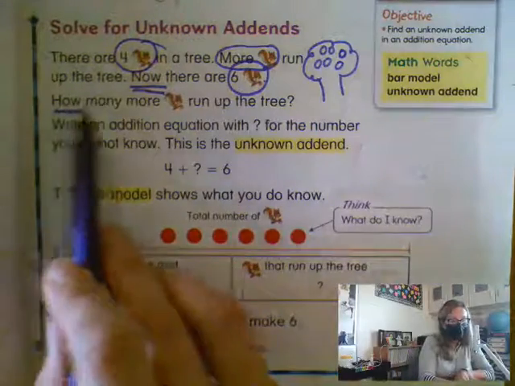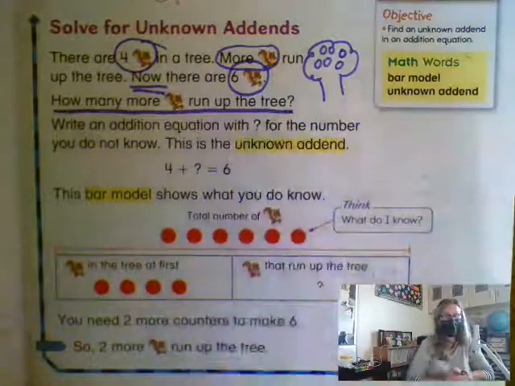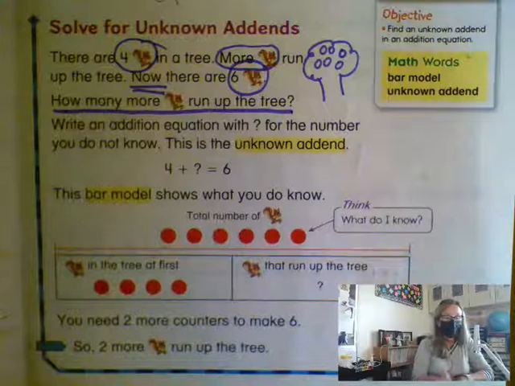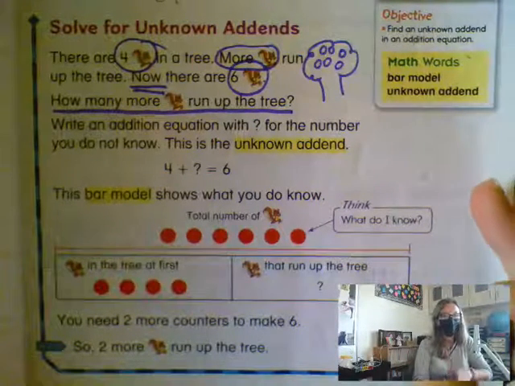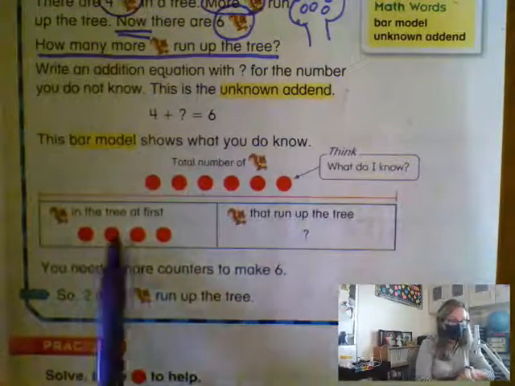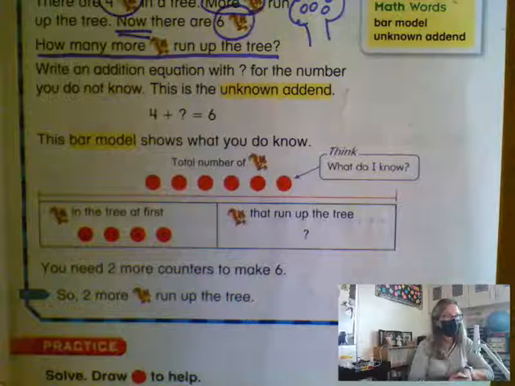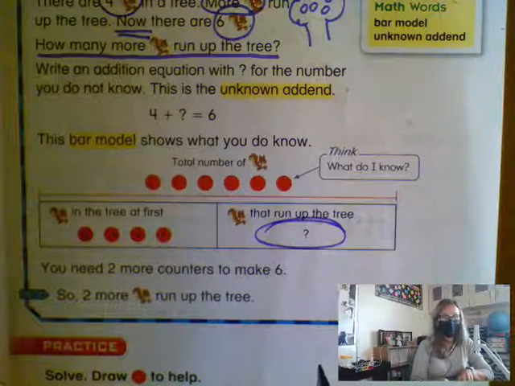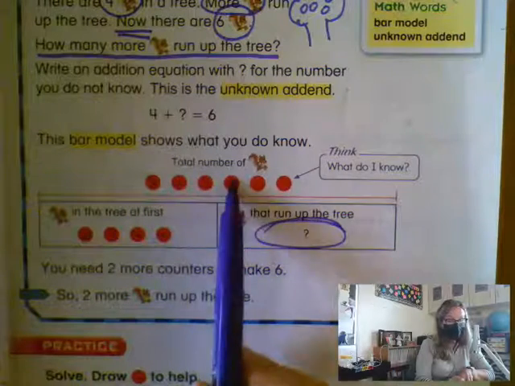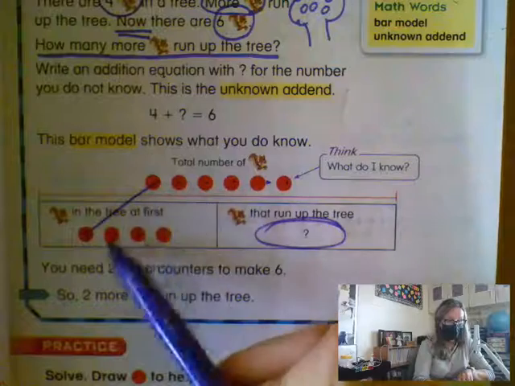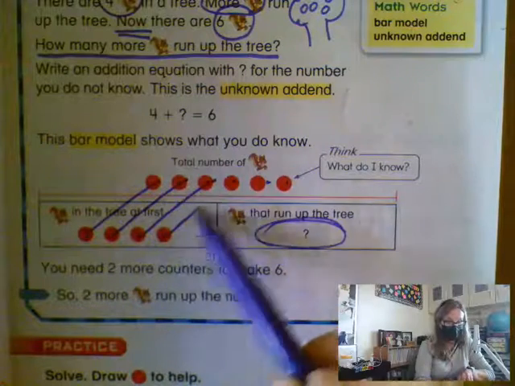Then it says how many more chipmunks ran up into the tree. So what do we know? We know that there were 4, 1, 2, 3, 4 chipmunks at first, and we know some number ran into the tree. Now we have 1, 2, 3, 4, 5, 6. So we had 1, 2, 3, 4.